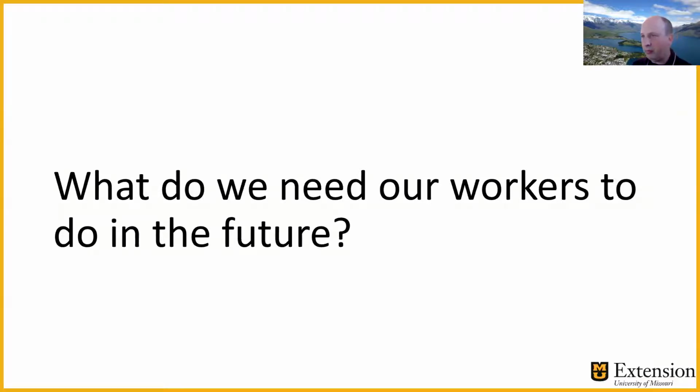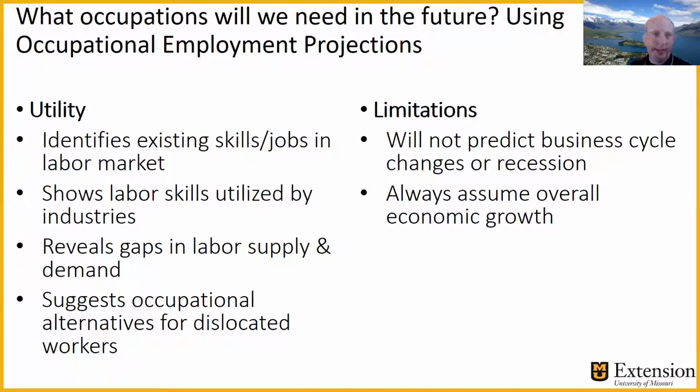Or if you work at a community college and you're trying to figure out what programming you want to have, because you want your graduates to be able to get jobs. So where should we invest our resources? That's where this information is important.